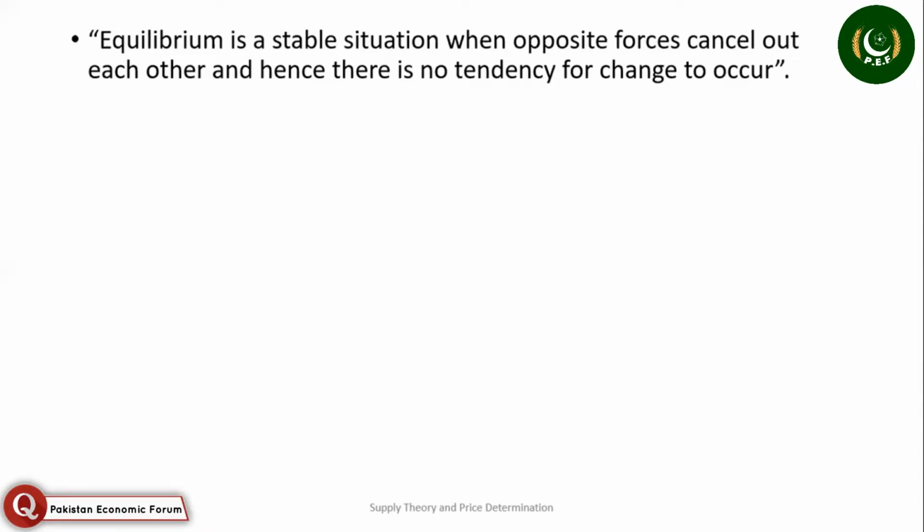Therefore, any situation in which change is not desirable is called equilibrium. In the market, there are two opposite forces, demand and supply. When demand and supply are equal in magnitude, that position is called market equilibrium.